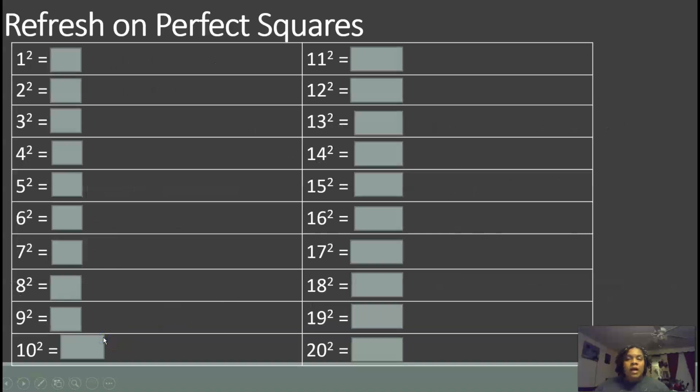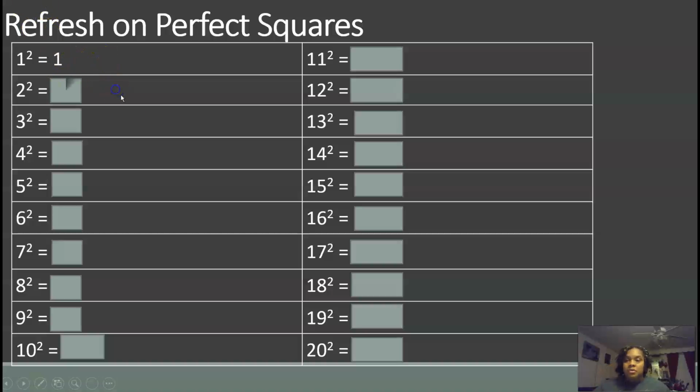So just to refresh our thoughts here, when we talk about a perfect square, we're talking about when we multiply a number by itself twice. So 1 squared is actually 1 times 1, and 1 times 1 is 1. These are really good to know. These you should know off the top of your head.